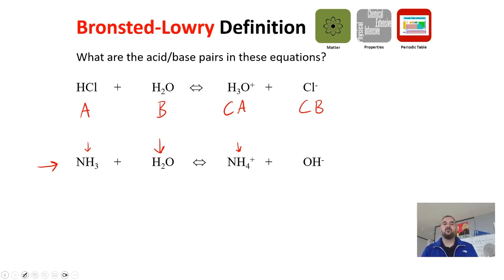It accepted a proton. So what does that make NH3? So this is our base. H2O did what? It gave a proton. So what does that make H2O? So H2O is our acid here. And then NH4+ is going to be what? Conjugate acid. And then OH. Now, y'all could be chemistry teachers too.